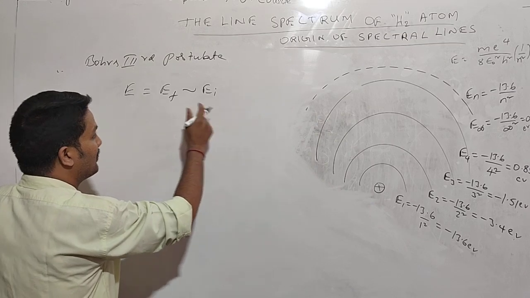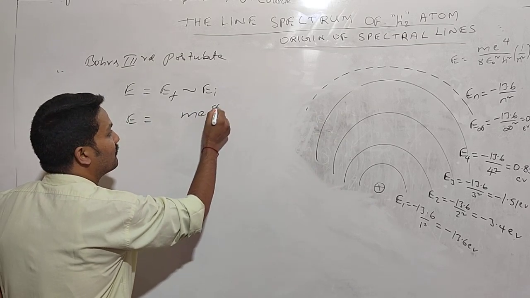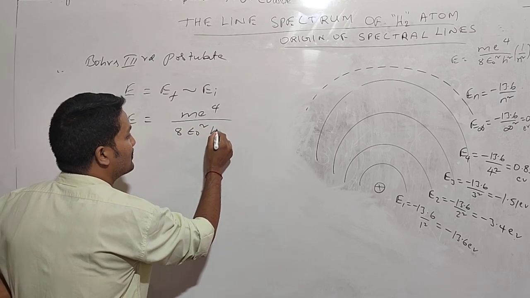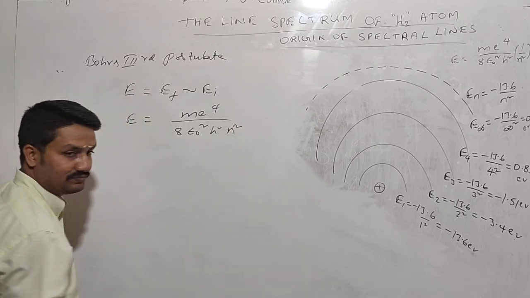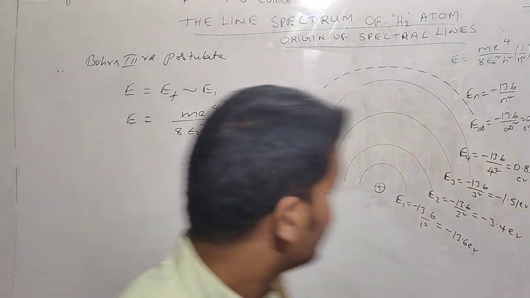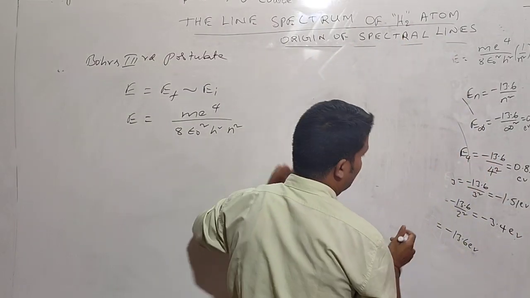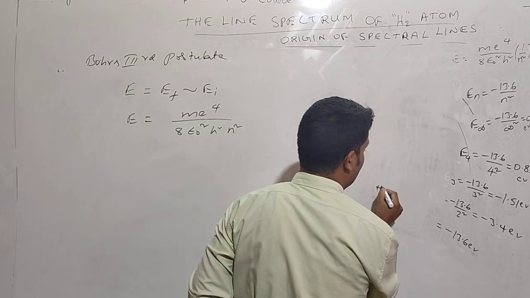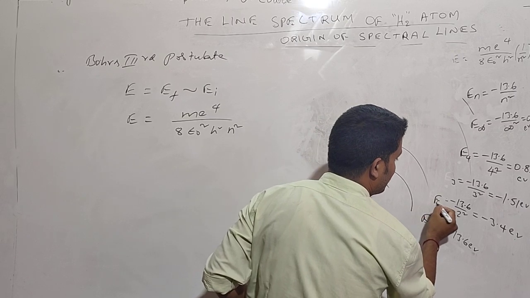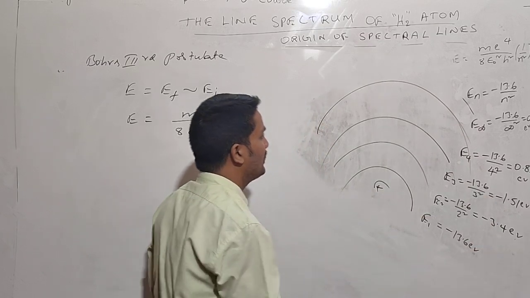So here we know the E value: how much do we get? m e power 4 divided by 8 epsilon naught square h square n square. Now that is what we are finding. So this one is E1, this one is E2, this one is E3, and here this one is E4, and so on.